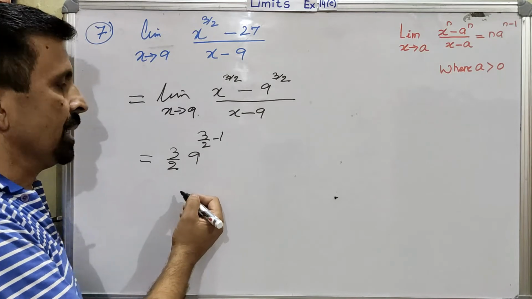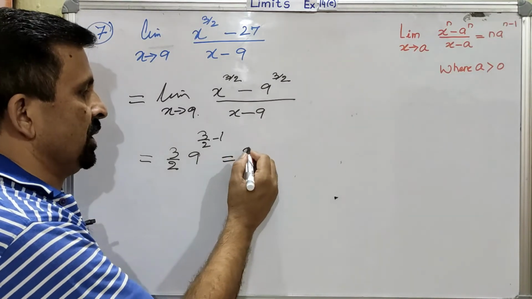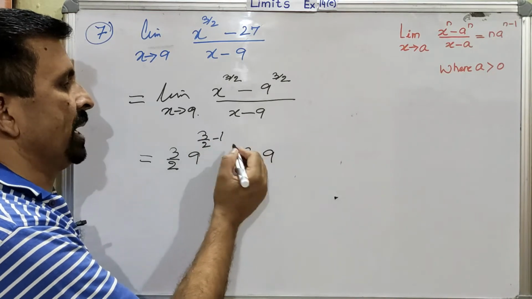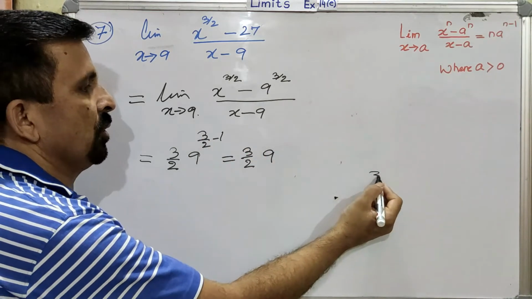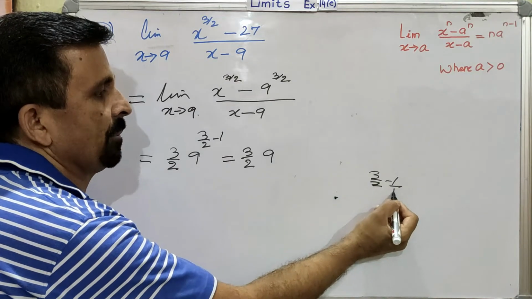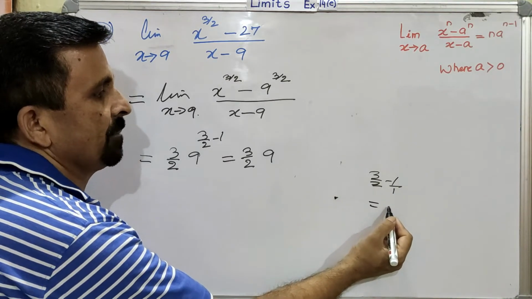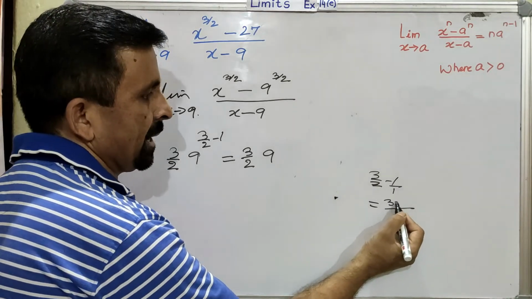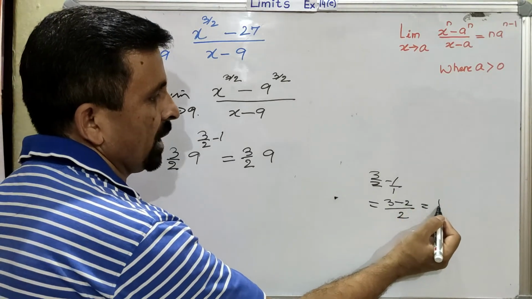So this becomes 3 over 2 times 9 to the power 3 over 2 minus 1. When you subtract, this is a fractional number and this is a whole number; the LCM is 2, so 3 minus 2 is equal to 1 over 2.